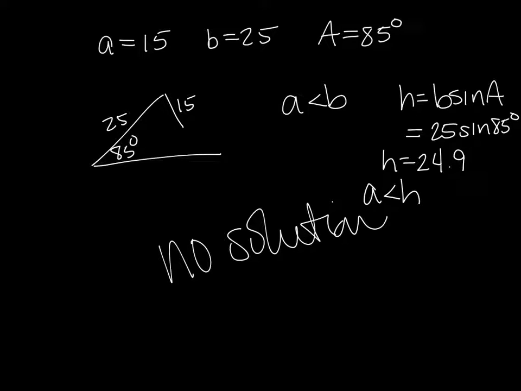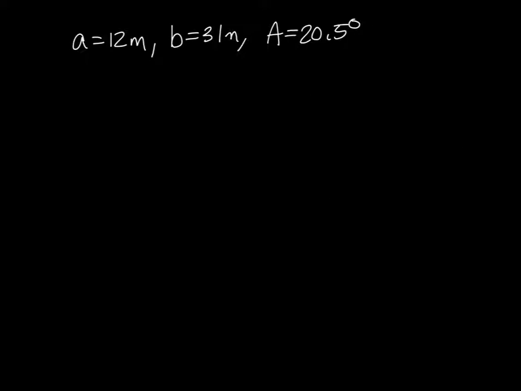We like that one. The next one, however, is so simple. Okay, on the next one, we have that the angle is 20.5 degrees. I have side B is 31, and I have A is 12. And so once again, A is less than B here, but that only happens, well, I don't know. It could be A, it could be B, and it could be D. So I have to figure out which one is it.